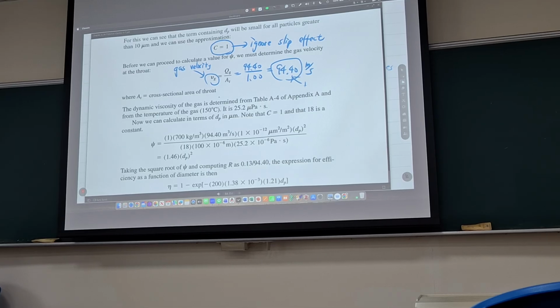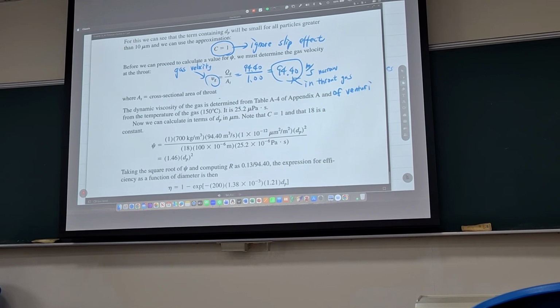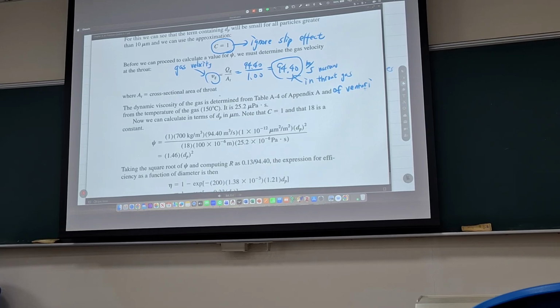Why? In the narrow throat area of the Venturi, the speed is super high but reasonable, because we use a Venturi. This is typical. If it were not a Venturi, I would doubt it.